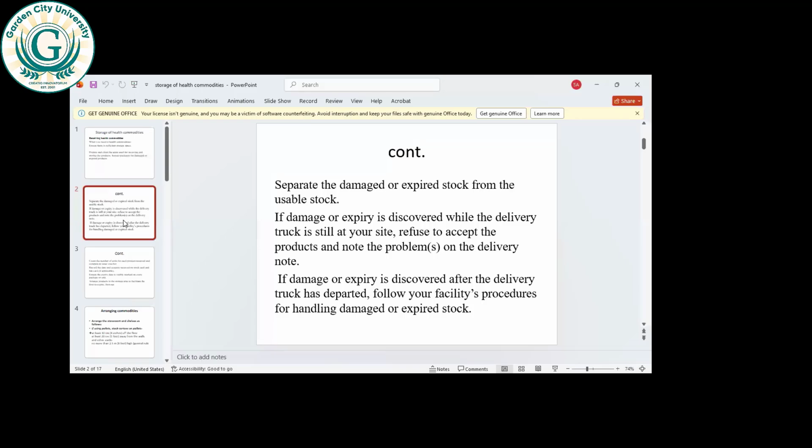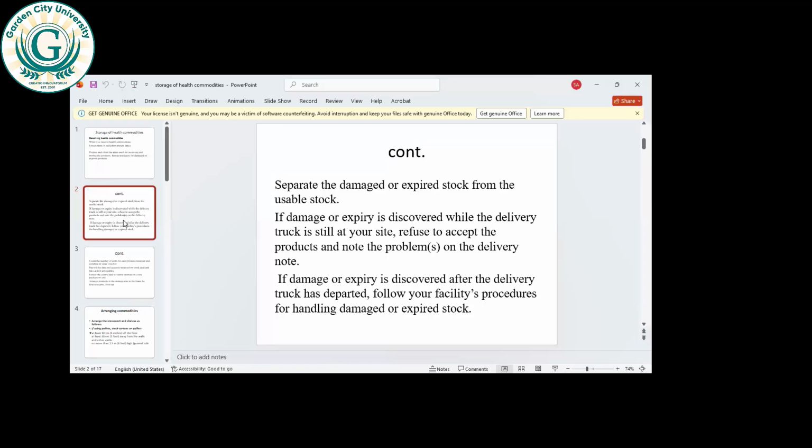If damage or expiry is discovered while the delivery truck is still at your site, refuse to accept the product and note the problems on the delivery note. The convention is that you only receive items that are usable. So when items are delivered and you detect some defect, you realize that the items are expired or damaged, you reject them, you don't accept them.